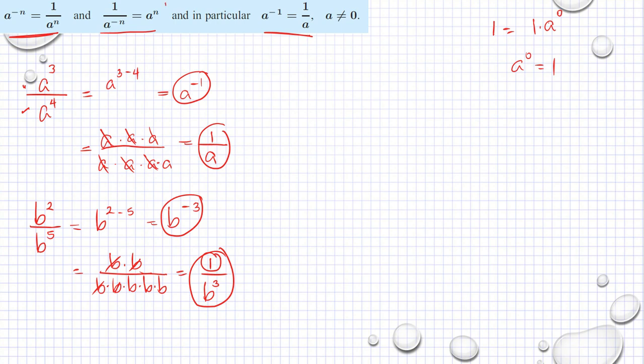If we prove this one, we have 1 divided by a raised to negative 3. It should be a raised to 3 according to this law. Why? Because if a raised to 0 is equal to 1, then we have a raised to 0 divided by a raised to negative 3, then we have a raised to 0 minus negative 3. Sorry, they are screaming outside. And then we have a raised to 3. That's a proof for this one.